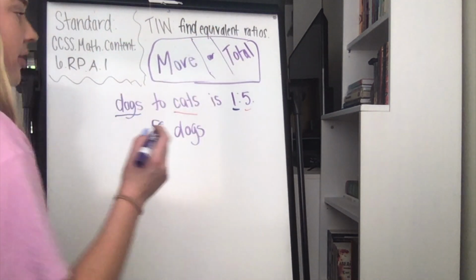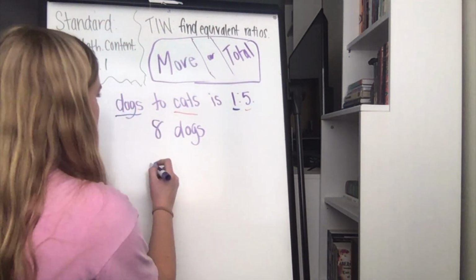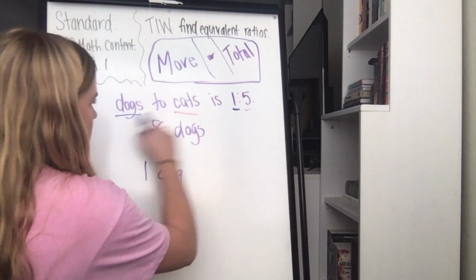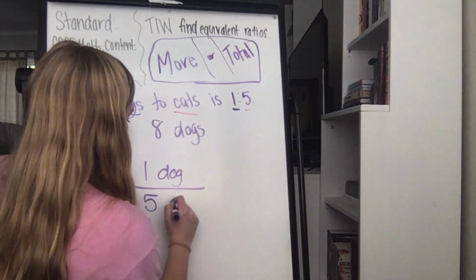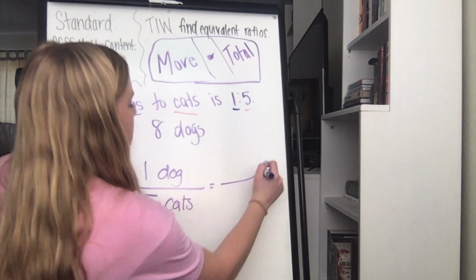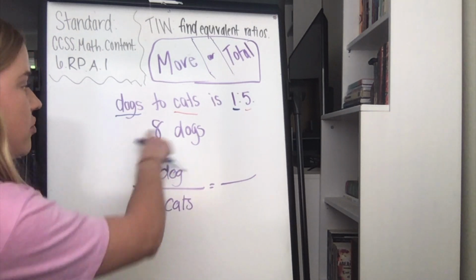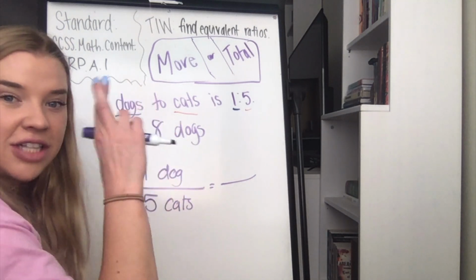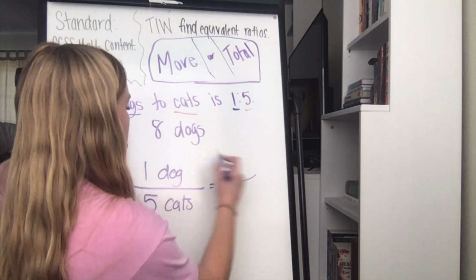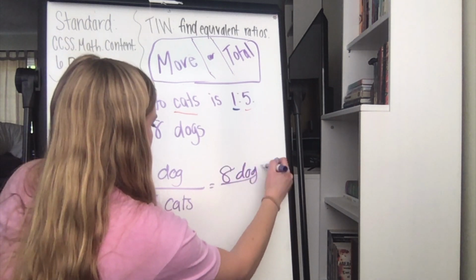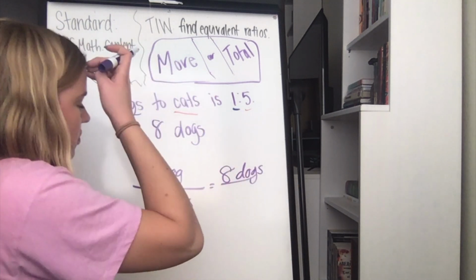So, one dog, yes, one dog to every 5 cats. And the other piece of information this problem is telling me is 8 dogs. I know dogs have to stick with dogs. It's got to stick together, dog. So dogs is going up here because they got to stay together. Dogs are with my dogs.